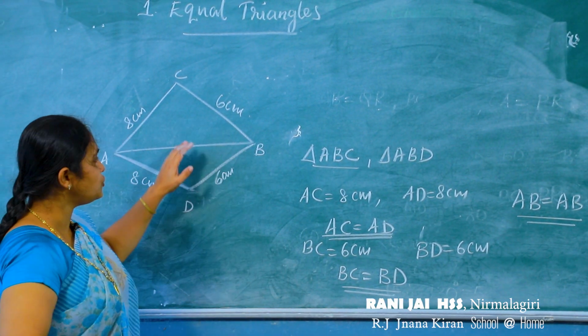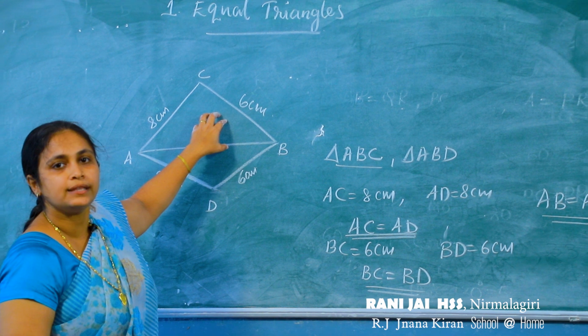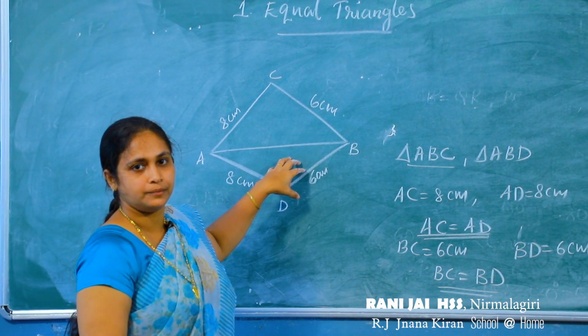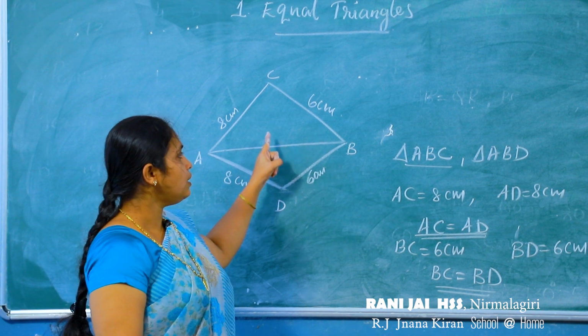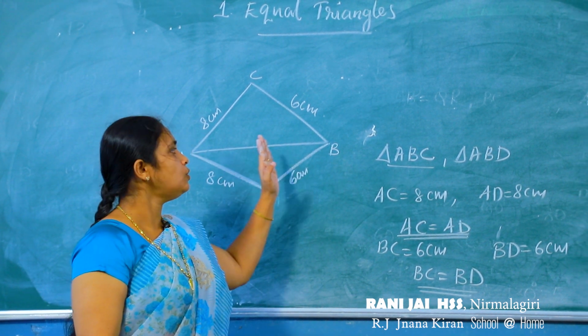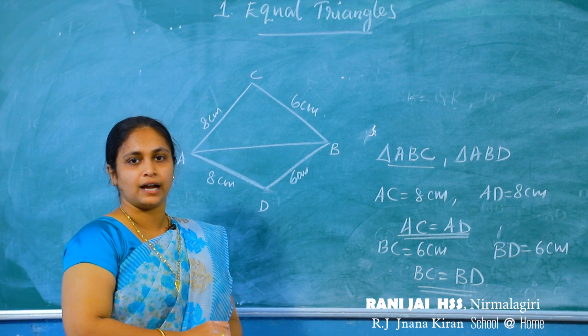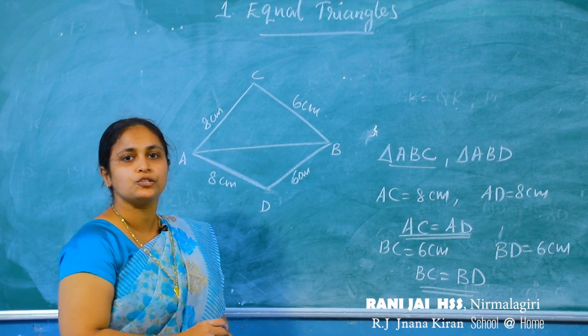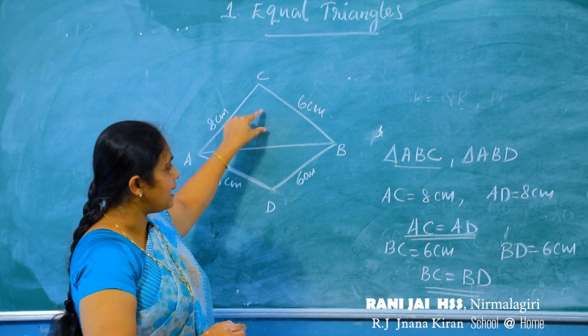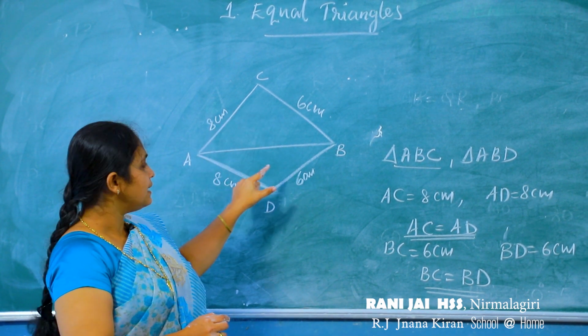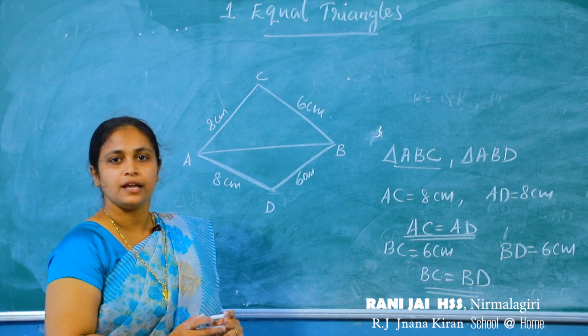That is, in these two triangles all three sides are equal: AC equals AD, BC equals BD, and AB equals AB. We studied that if three sides of a triangle are equal to three sides of another triangle, then the angles are also equal. Therefore, the angles of triangle ABC and triangle ABD are equal.